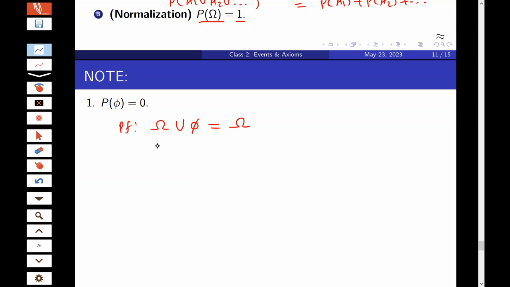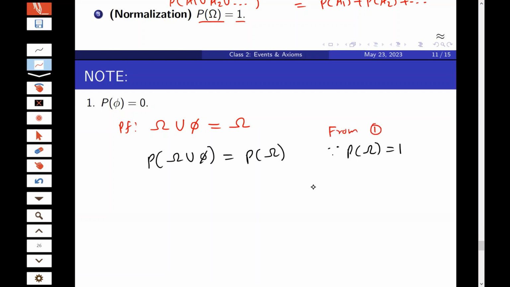Now I'm going to take the probability of both sides. If two events are the same, then their probabilities should be the same as well. And we know the probability of omega is 1, from axiom 1.